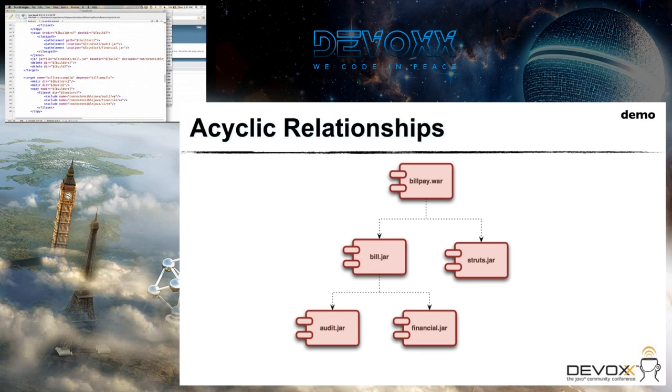In addition to that, as different areas of the system begin to stabilize over time, and this has happened on every software system that I've developed, different areas of the system are going to stabilize at different rates over time.